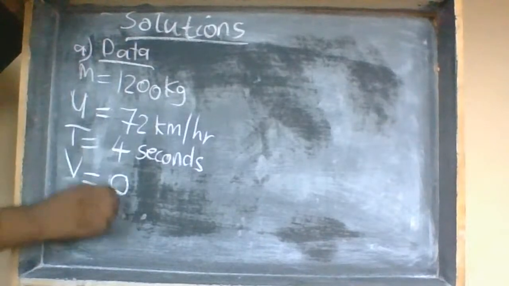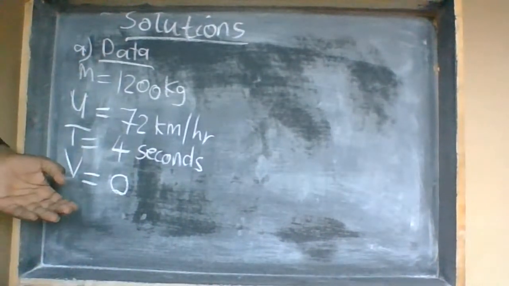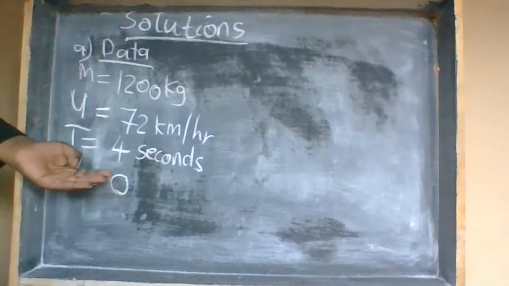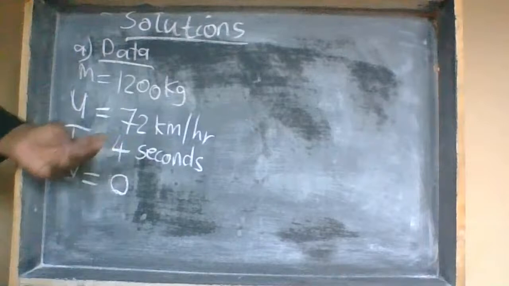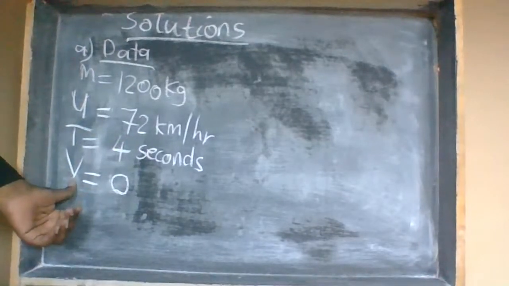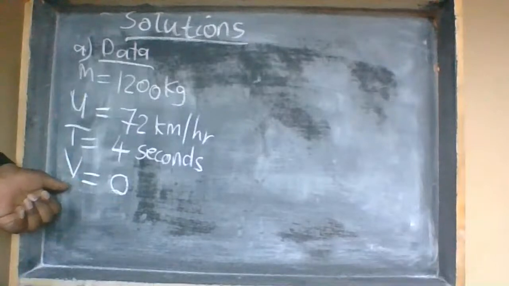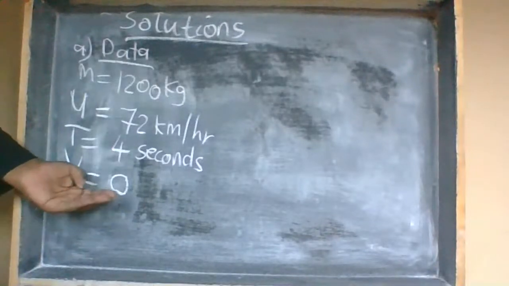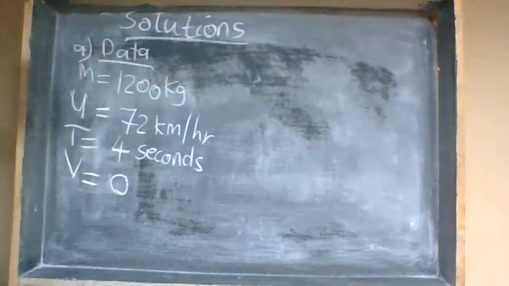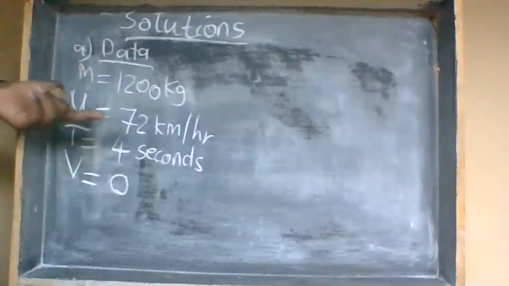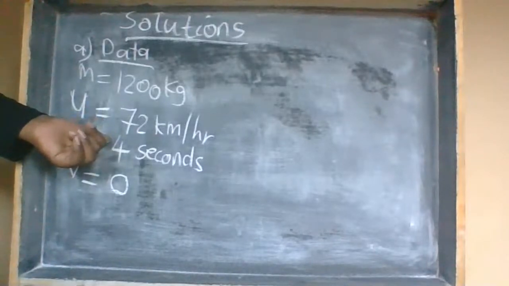If an object is moving at a certain velocity and then it is brought to rest, our final velocity will be 0, and the speed which that object is moving at that particular time will be your initial velocity.